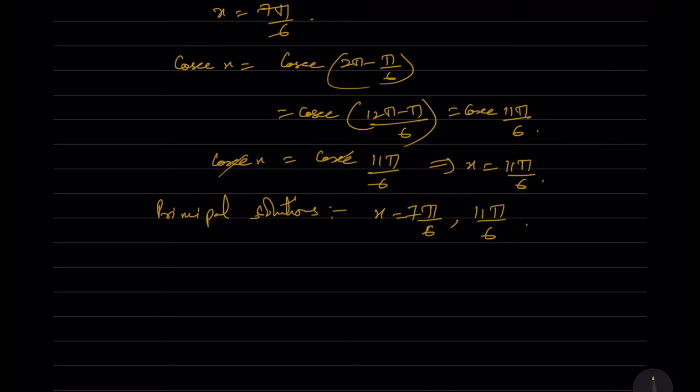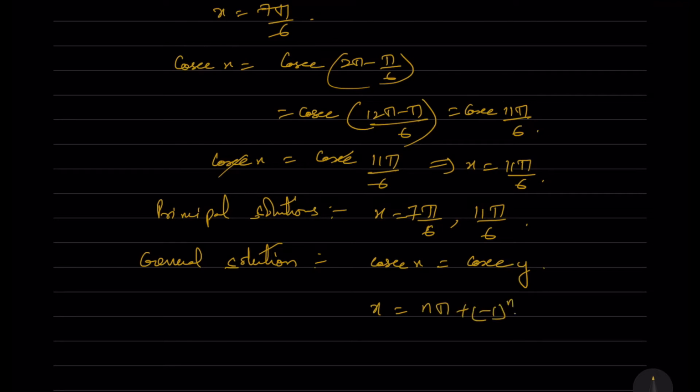Now what is the general solution? We'll see. General solution, we know that for sine and for cosecant it's the same. So cosecant x is equal to cosecant of y. What is the general solution which we are having? It is x is equal to n pi plus minus 1 to the power of n into y, n belongs to z.